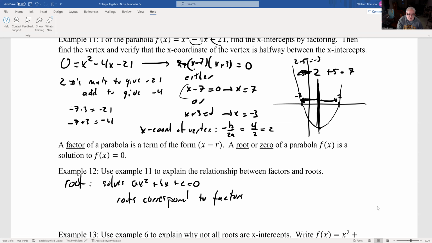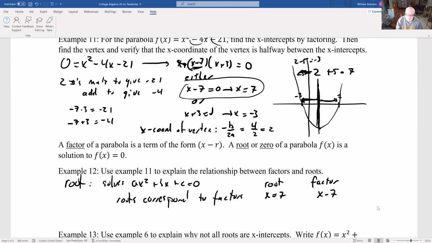So if we look at this, the root was x equals 7. What's the factor that the root came from? Well, that's x minus 7. We had a root that's x equals minus 3, and that came from the factor x plus 3. So if you know a root, you can figure out the corresponding factor. If you know the factor, you can figure out the corresponding root.